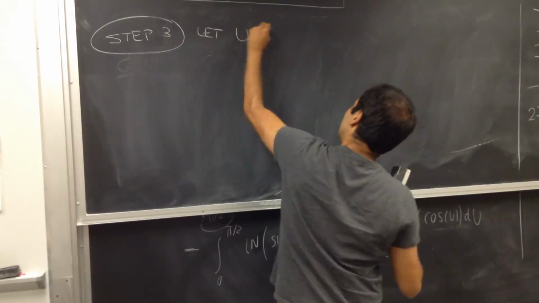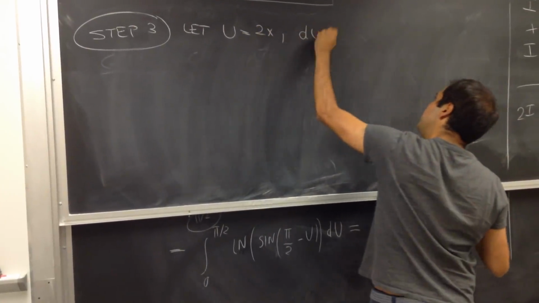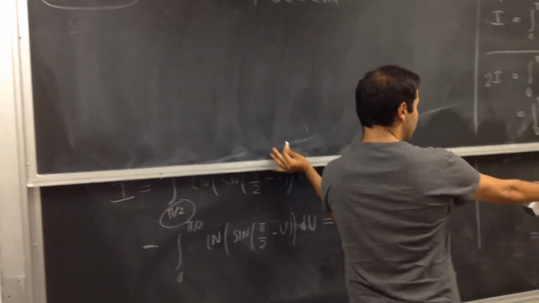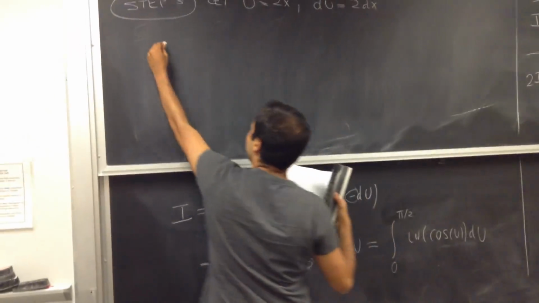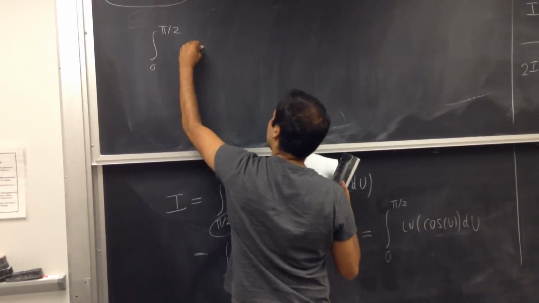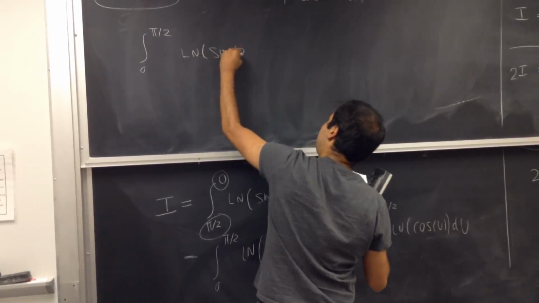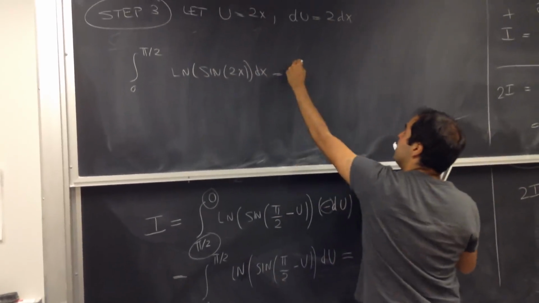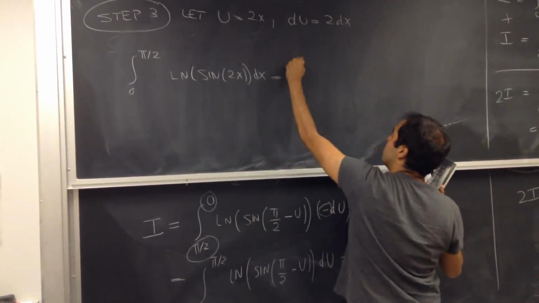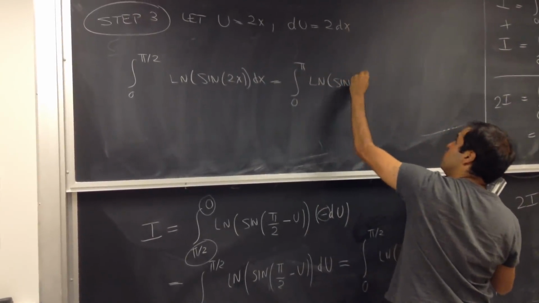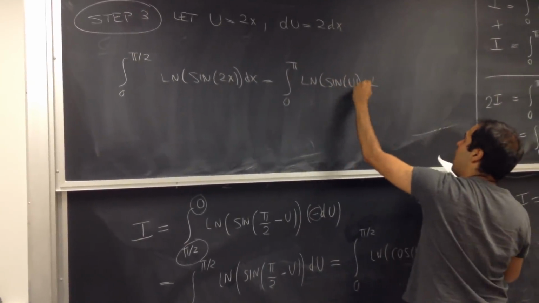Let u be 2x. du is 2dx, right? So then this integral from 0 to pi over 2 of ln of sine of 2x dx becomes the integral from 0 to pi of ln of sine of u, and dx is 1/2 du.